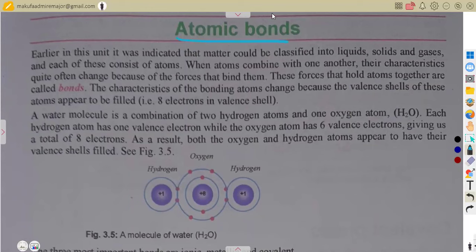Just think of the condition when water is formed. It's a bond that is happening, okay? In the formation of water, there are 2 hydrogen atoms and oxygen, forming what? Water. A molecule of water, H2O, with 2 hydrogen and one oxygen atom. That is the part of the bond.